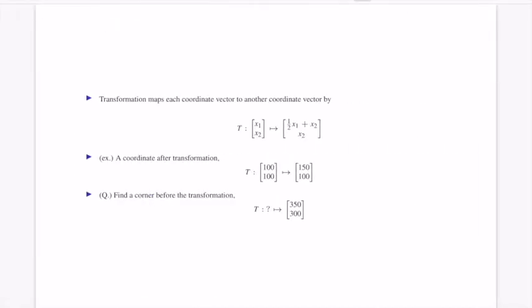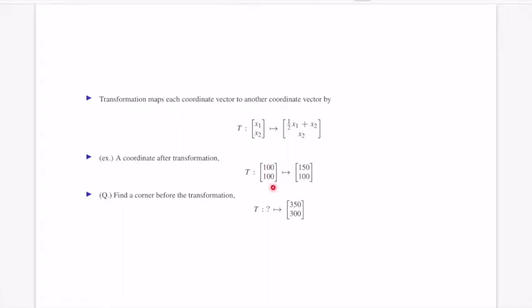This page tells us more details about this transformation. The transformation maps each coordinate vector of the first picture to another coordinate vector of the second picture by this given formula. So let's take a point from the first picture and illustrate this formula.